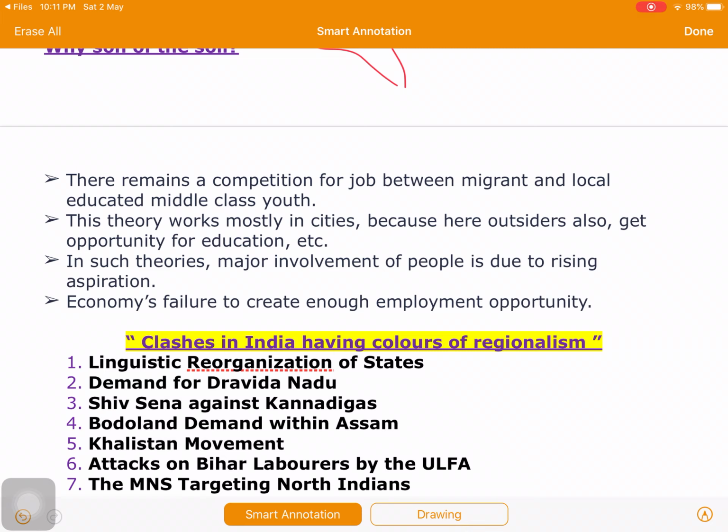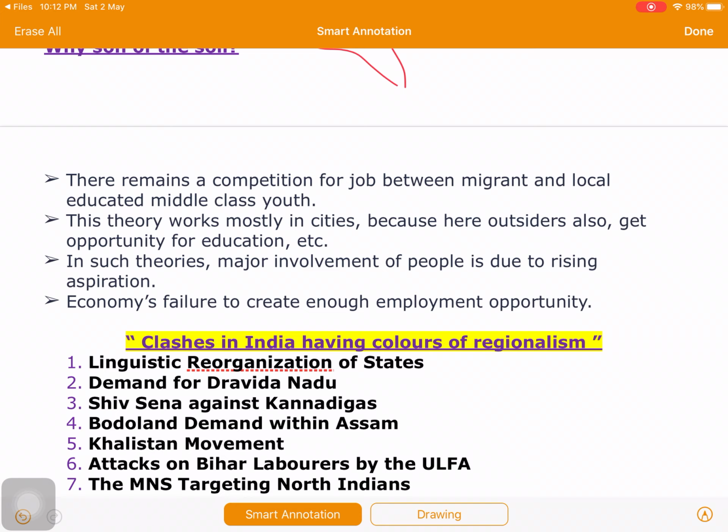The son of the soil doctrine explains a form of regionalism, and according to that, states specifically belong to a main linguistic group inhabiting it, or the state constitutes the exclusive homeland of its main language speakers, who are the sons of the soil or the local residents.